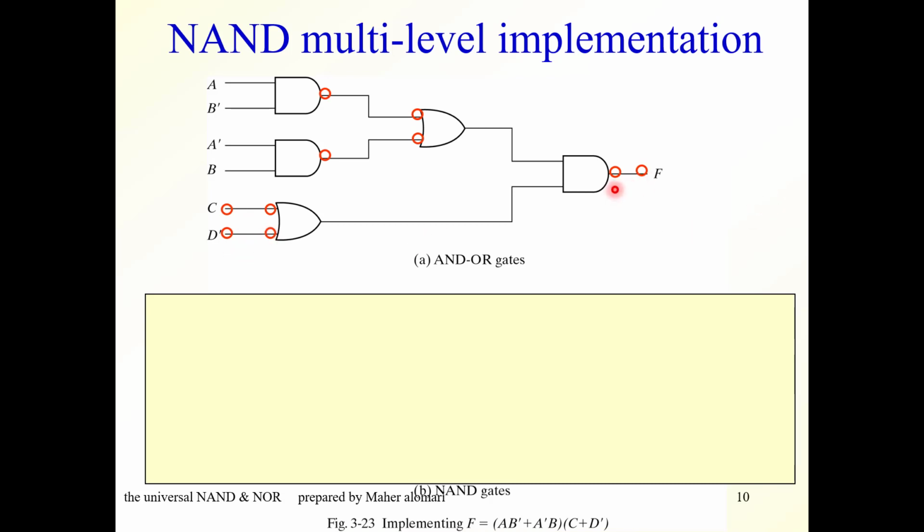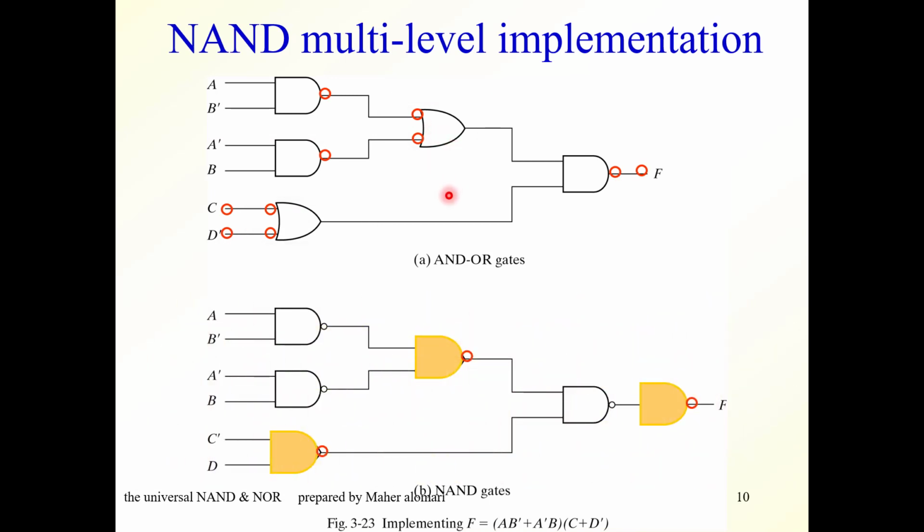We add an inverter here on this AND gate so that we make this one an AND gate. So this one is an AND, this one is an AND, this one is an AND, and this one is also an AND. So this circuit is equivalent to this circuit. Notice here, this NAND is this, and this NAND is this. This NAND here is this one.